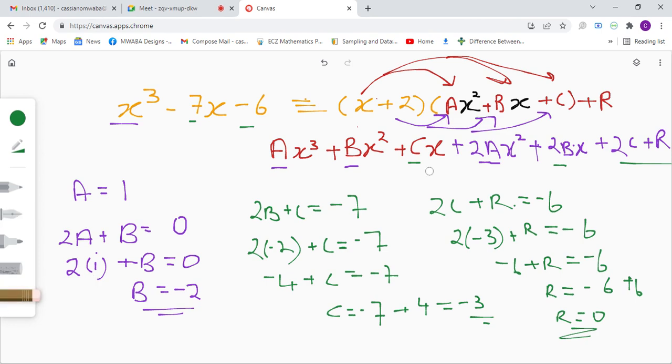Now we substitute the values we have found into our expression, which is ax squared plus bx plus c.